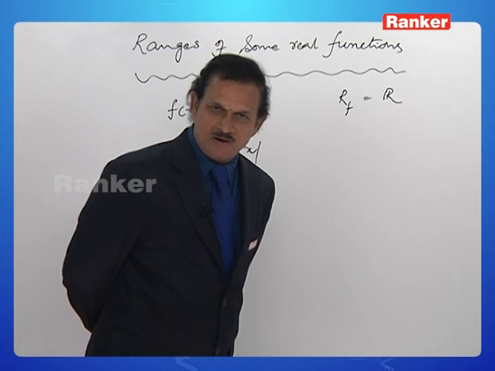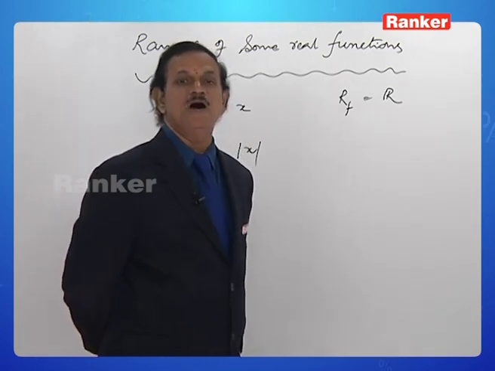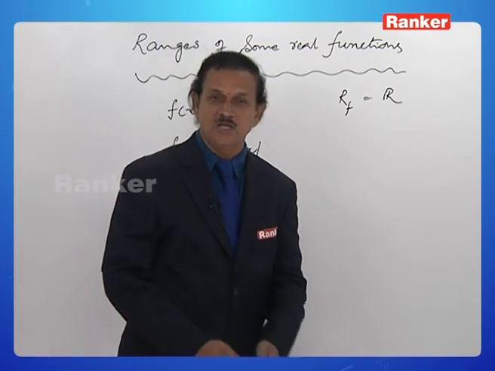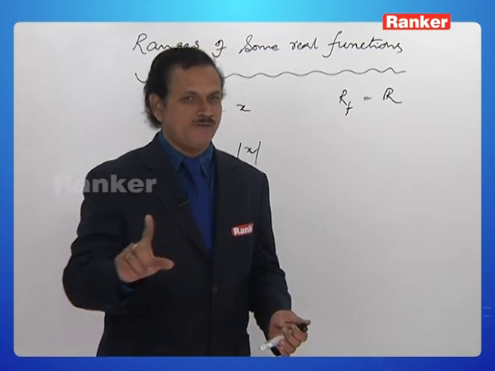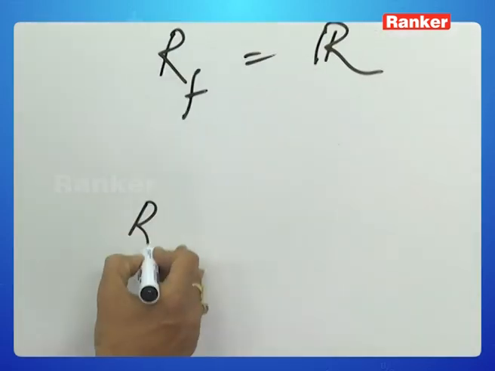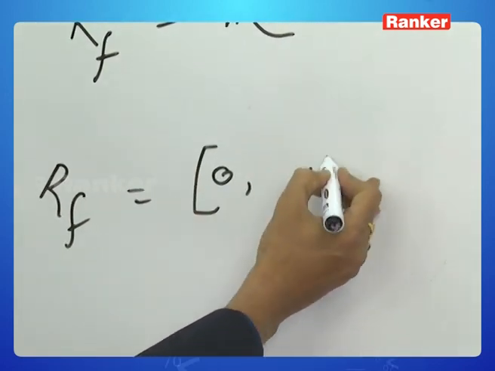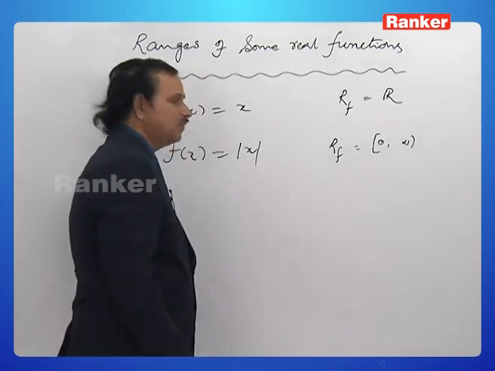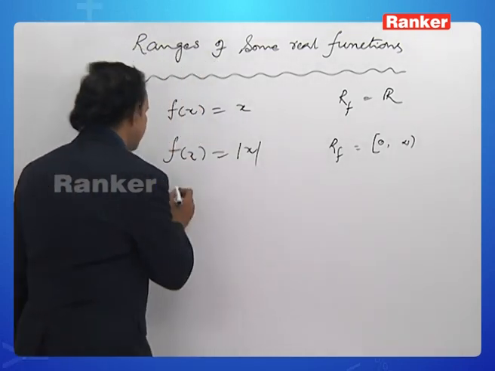Mod x is always non-negative. It is either positive or at most 0, but it can never be negative. Hence, the range of mod x is the closed interval 0 to infinity.